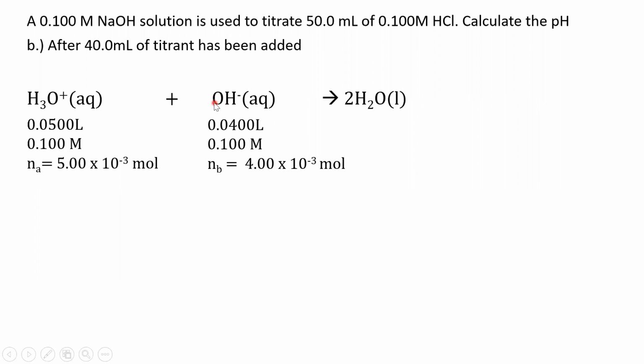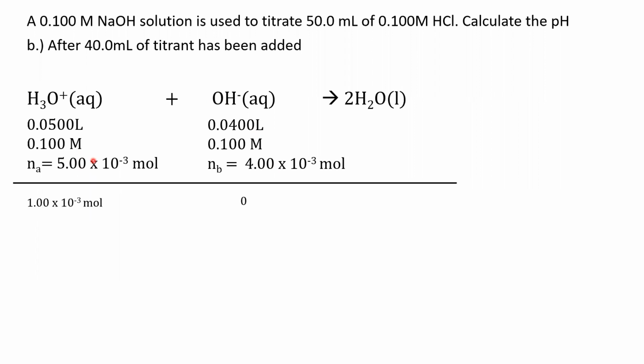And since it's a 1-to-1 ratio, 4.00 times 10 to the minus 3 moles of this original amount is going to react, and we're going to have some left over. So once the reaction is done, there's no hydroxide left in the solution. It was reacted with the acid. Some of the acid reacted, but there's going to be some acid left over.